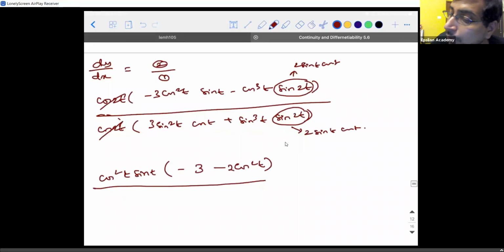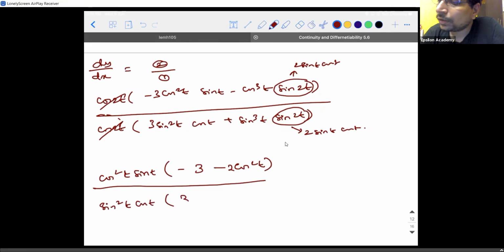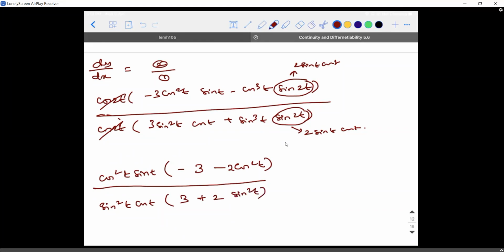Similarly, in the denominator, what will I get? I can take out sin square t cos t. What is that I'm left out with? 3 plus 2 sin square t.